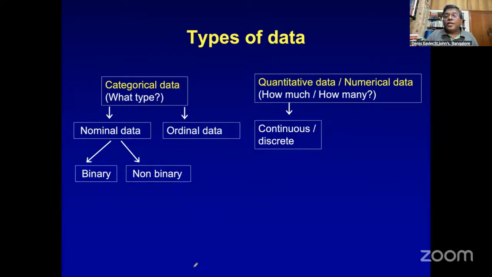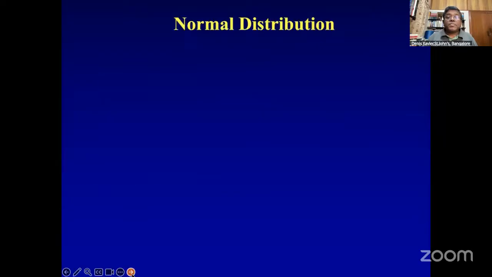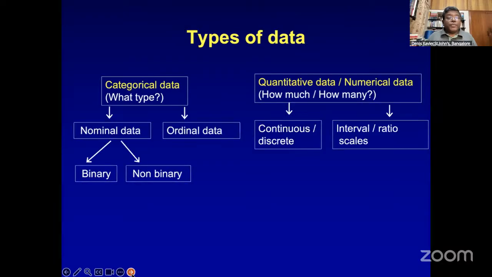In quantitative or numeric data, it is continuous or discrete, and then we have interval or ratio scales. Okay, binary means they can have only two options, whether the patient has the condition or not, the patient is alive or not. And non-binary can be more than that.